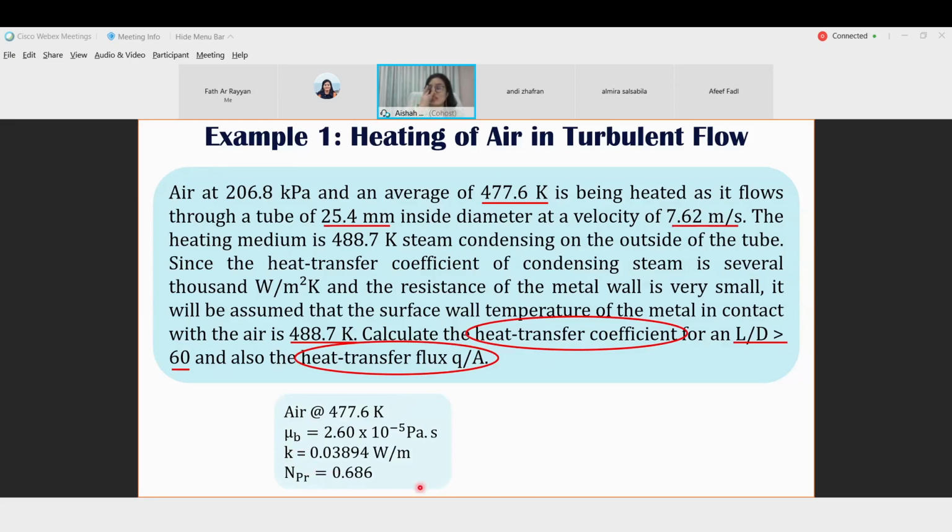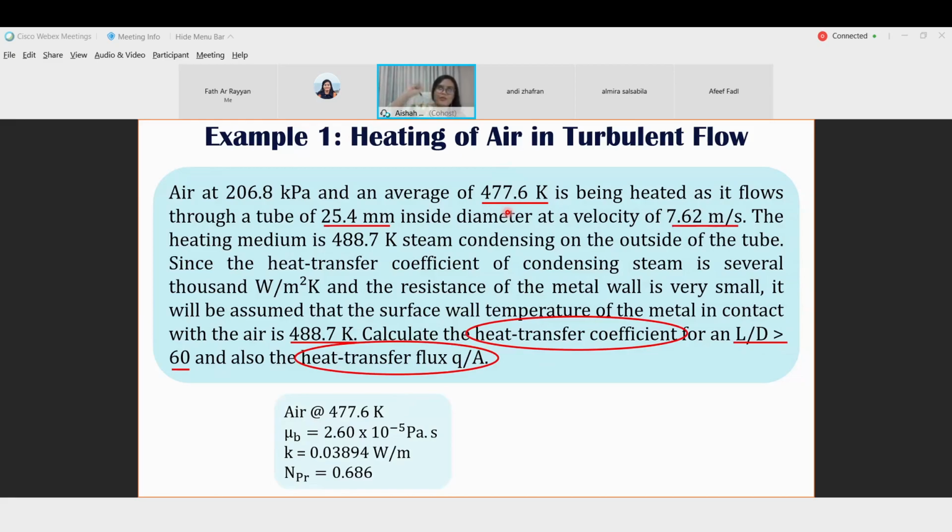So usually if it's in a test or exam, you will be provided with some tables from the appendix where you can find all these parameters for different sorts of fluids. For example, air is a fluid, and another common one is water. So depending on the condition that is given in the question, for example, in this question, the condition is 477.6 Kelvin, you can find it in the table for air.